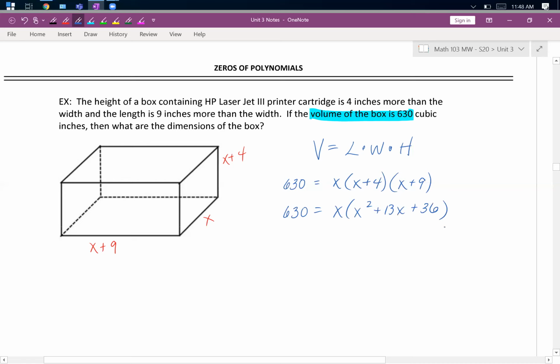Distributing and combining like terms, we get x squared plus 13x plus 36. Then I'll distribute the other x: x to the third plus 13x squared plus 36x. And then we'll set it equal to 0, getting the equation 0 equals x to the third plus 13x squared plus 36x minus 630.